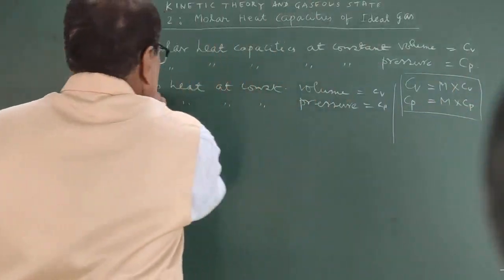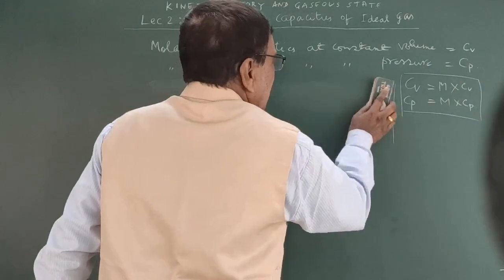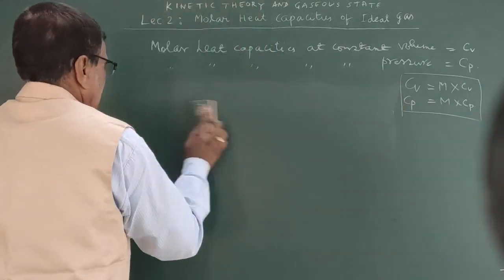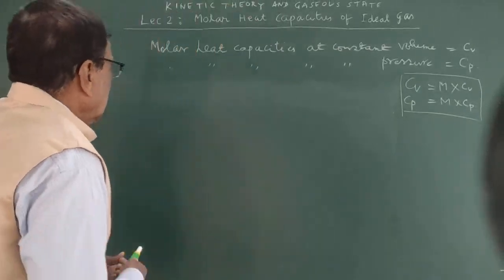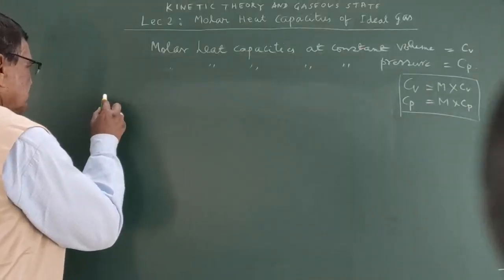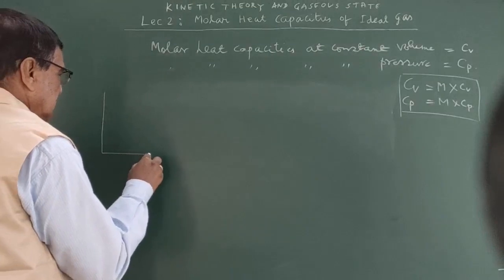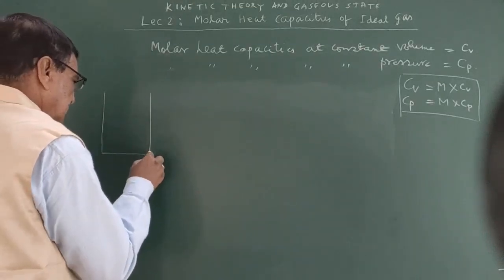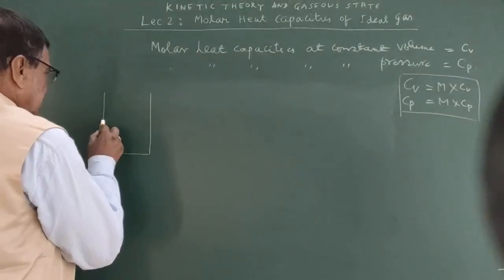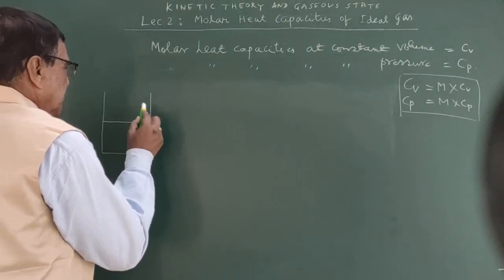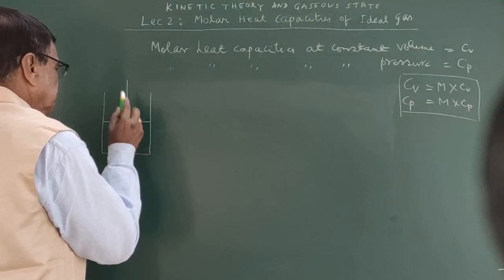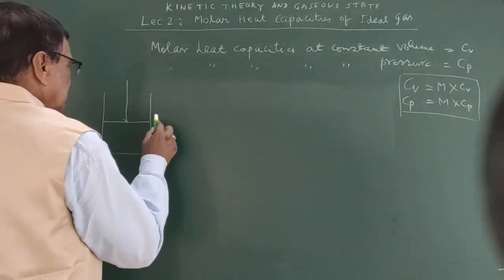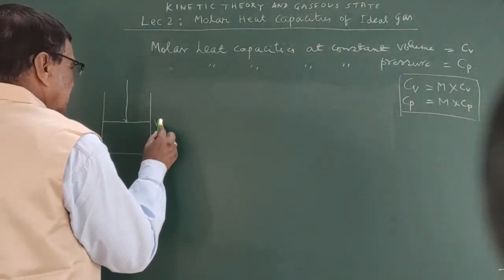Let us draw two diagrams. This is the vessel, and here is the piston, and here the volume V is constant.